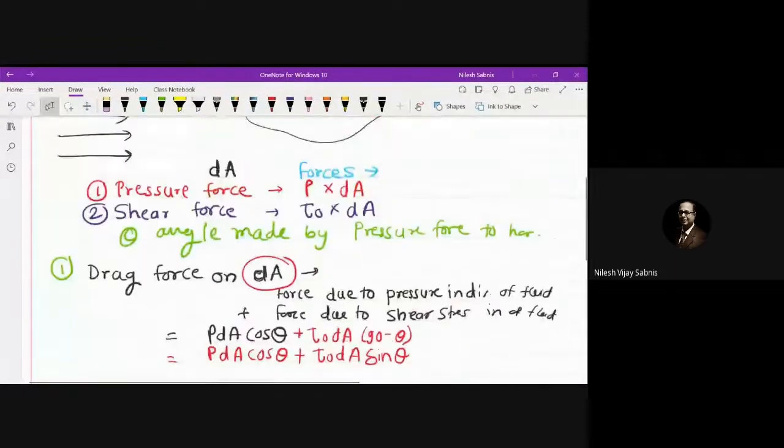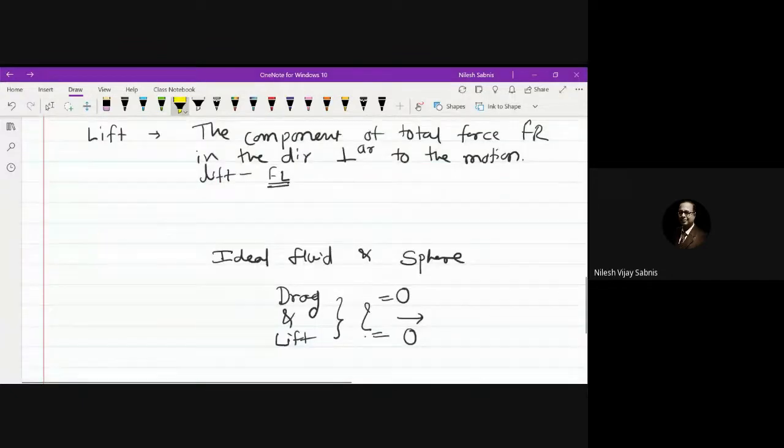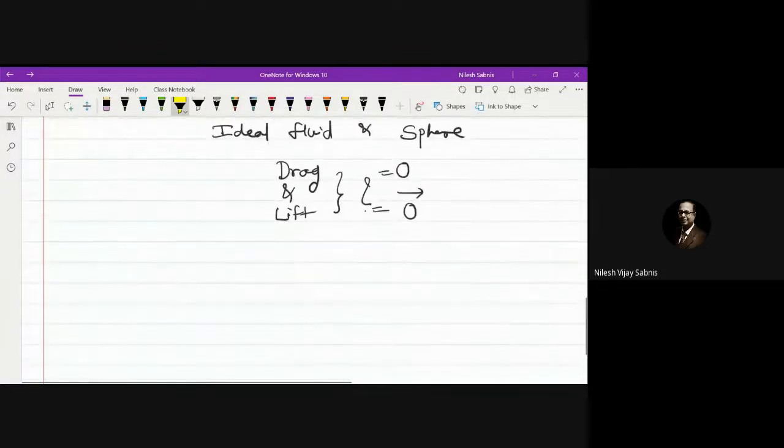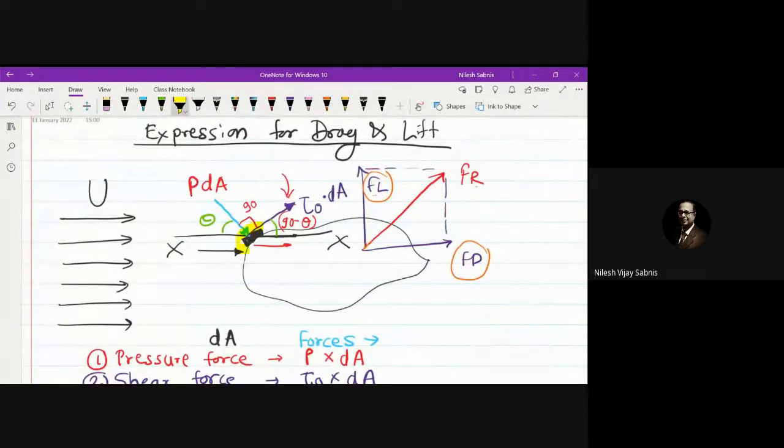Once again, just look at the expression. We have the solid body. On that solid body, the overall force Fr is acting. These are two components. We want to know the value of FD and FL. For that, we consider a small elemental area. On that small elemental area, we consider two forces: one is pressure force, another is shear force.